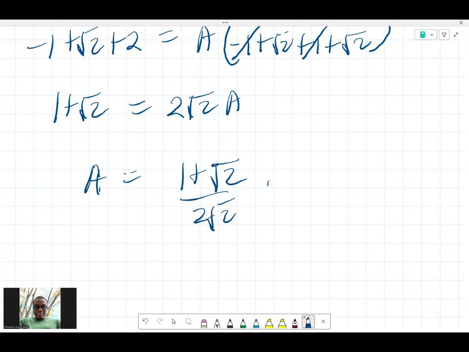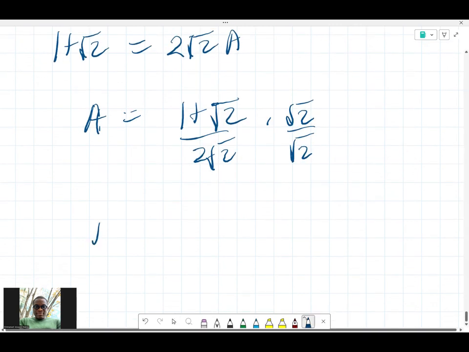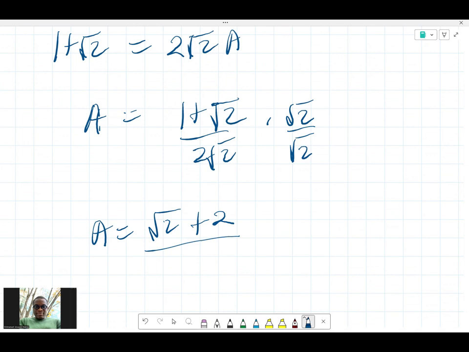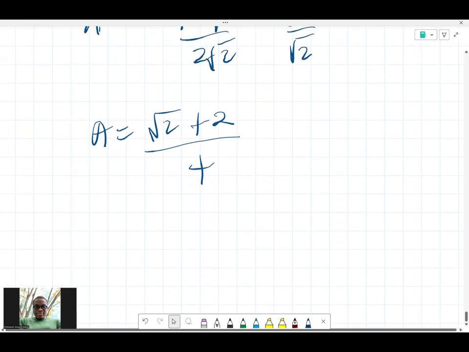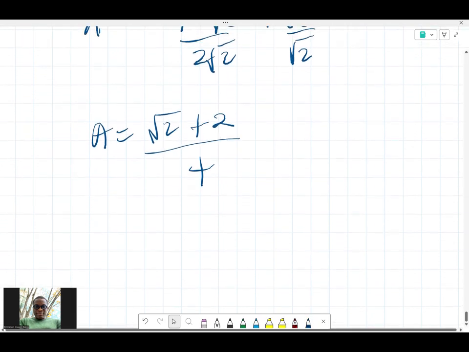Which we can rationalize, root 2 all over root 2. That's how to rationalize. We want to remove the square root from the denominator. So this is root 2 plus 2 all over 2 root 4, that's 2 times 2, that's 4 in short. There's no simplification we can do further, I think.